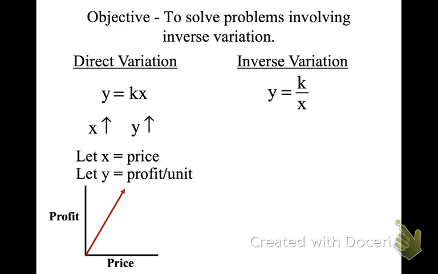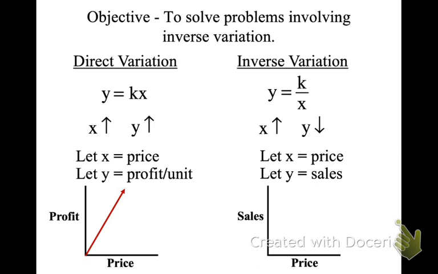And what happens here is the x quantity increases, the dependent decreases, whereas one increases, the other decreases. So if x is the price, if the price goes up and y stands for sales, then my sales is going to go down. And this starts from high and finishes low.